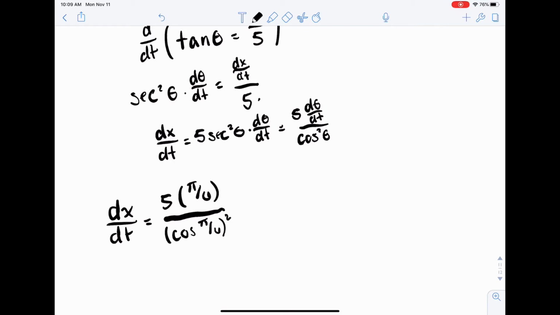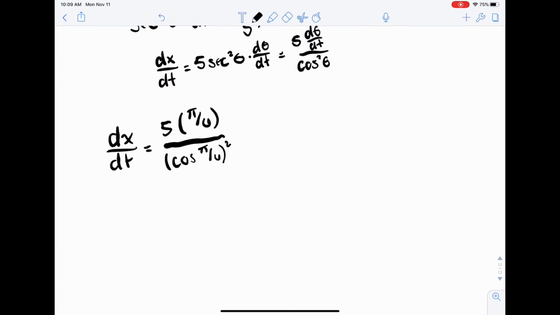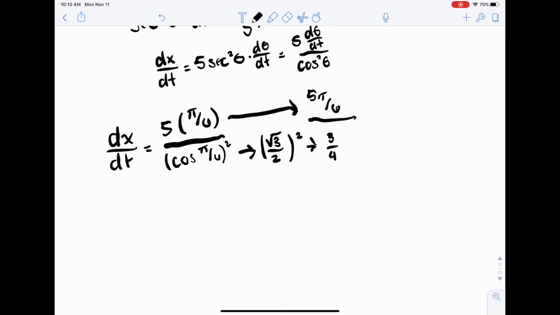All right, so let's simplify this a bit. Cosine of pi over 6 is equal to square root of 3 over 2, that's squared. And then you square that, so top times top, bottom times bottom, you get 3 over 4. And then 5 times pi over 6 is also equal to 5 pi over 6. So we get 5 pi over 6 over 3 pi over 4.